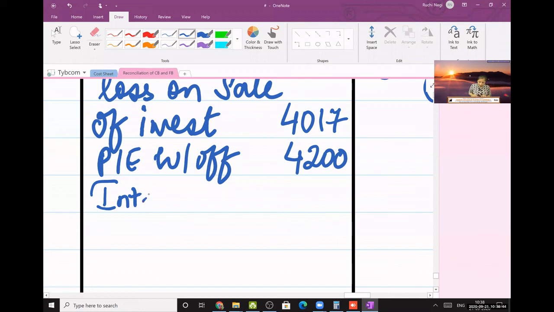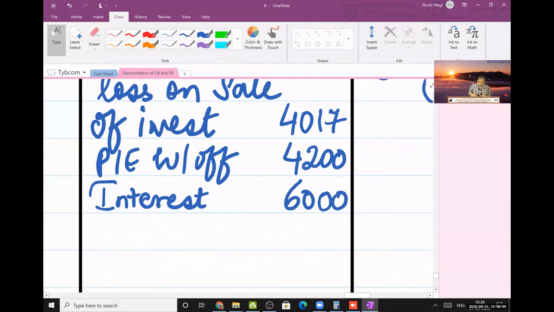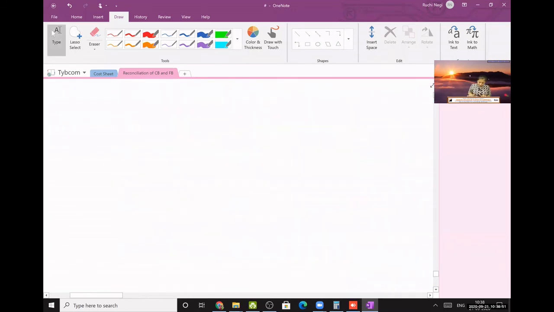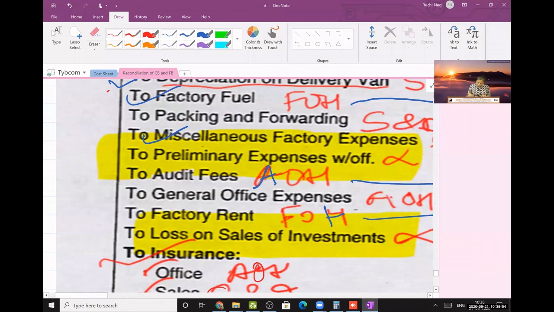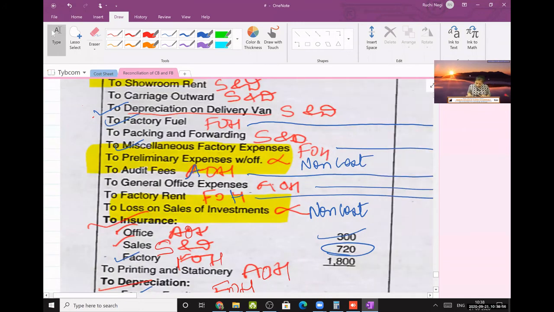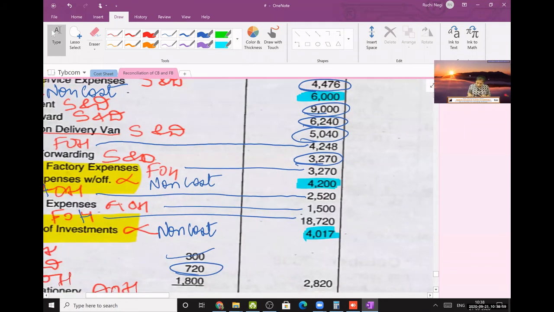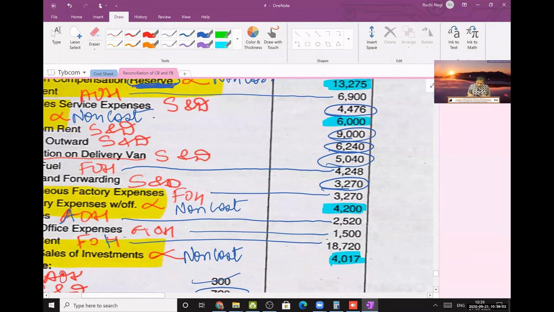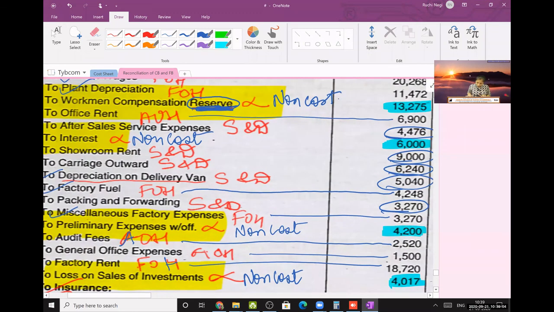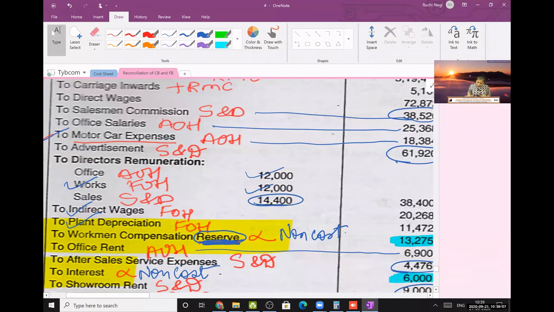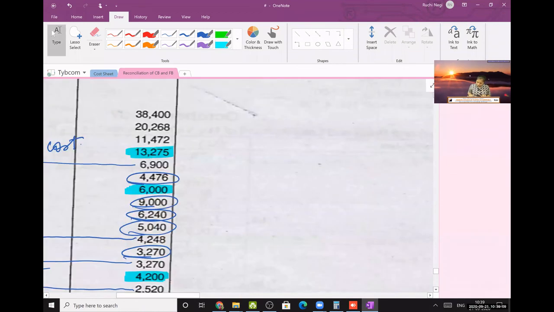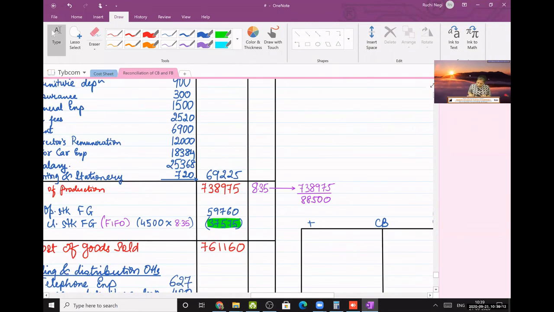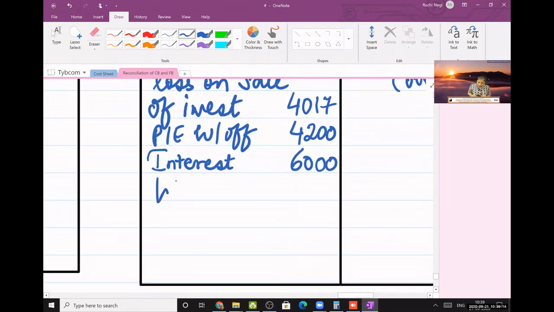Interest 6,000. Workmen compensation reserve 13,270.